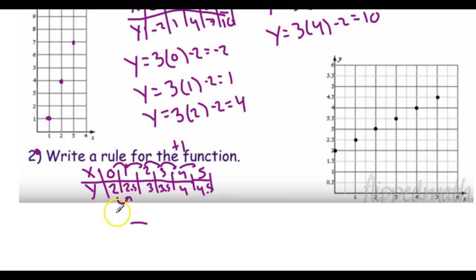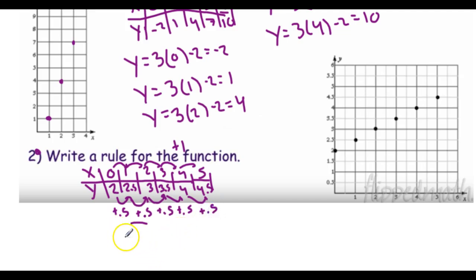2 to 2.5 is going up by 0.5. 2.5 to 3, again that's a plus 0.5. 3 to 3.5, going up by 0.5. 3.5 to 4, same thing, plus 0.5. And 4 to 4.5, yes, plus 0.5.